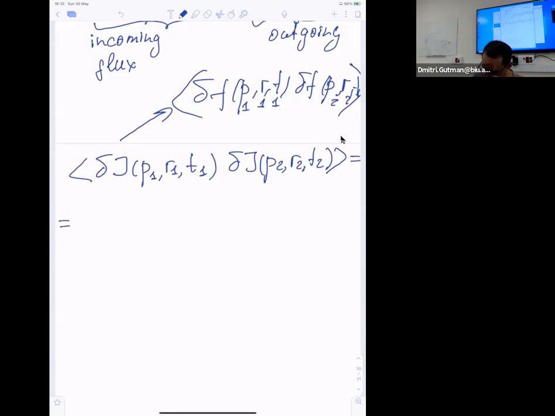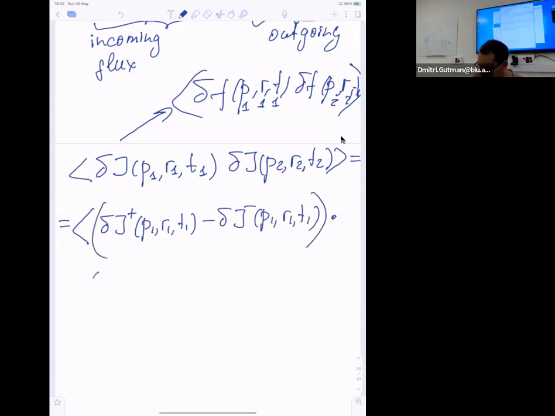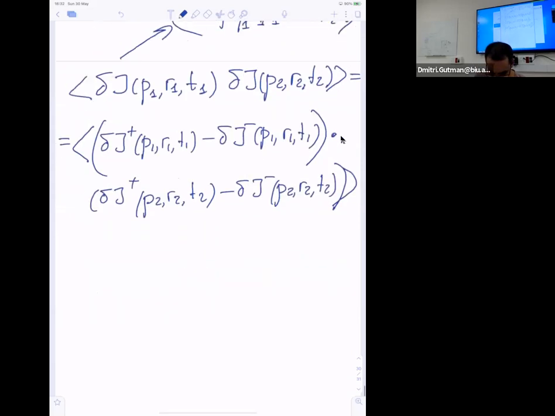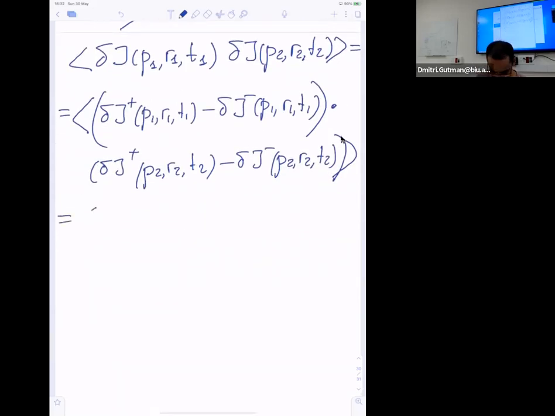So let us write this as an expectation value of delta J plus P1, R1, T1 minus delta J minus P1, R1, T1, times delta J plus P2, R2, T2 minus delta J minus P2, R2, T2. And now let me open the brackets.